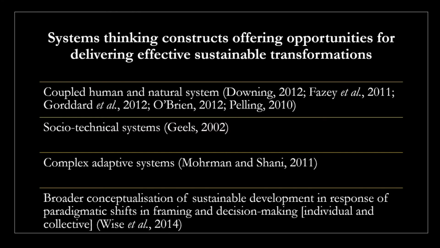And there is a widespread recognition and discourse underpinning science and practice, which is by Downing, Fayzi, Corrad, and O'Brien. Through this coupled human and natural system, they put emphasis on environmental protection, conservation, and enhancement. However, this system puts immense importance on the environment, and is not capable of delivering economic sustainability.